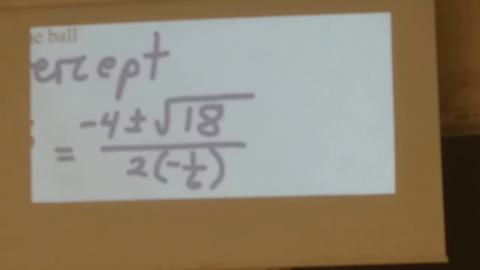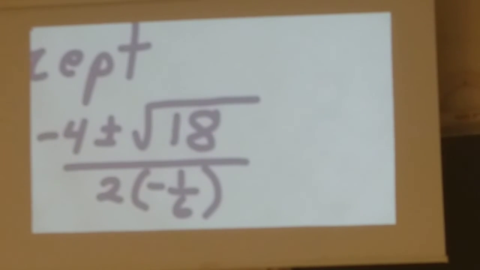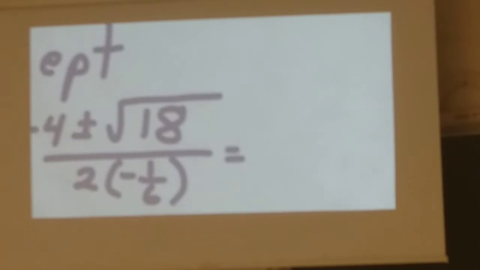Now, I think I have some good news for you. It's a little different than how we would have approached this yesterday. This is a word problem, and therefore we're actually looking for an actual number answer. In other words, it's okay to get some decimals. So the square root of 18, it would be okay for you to change that to 4.24.